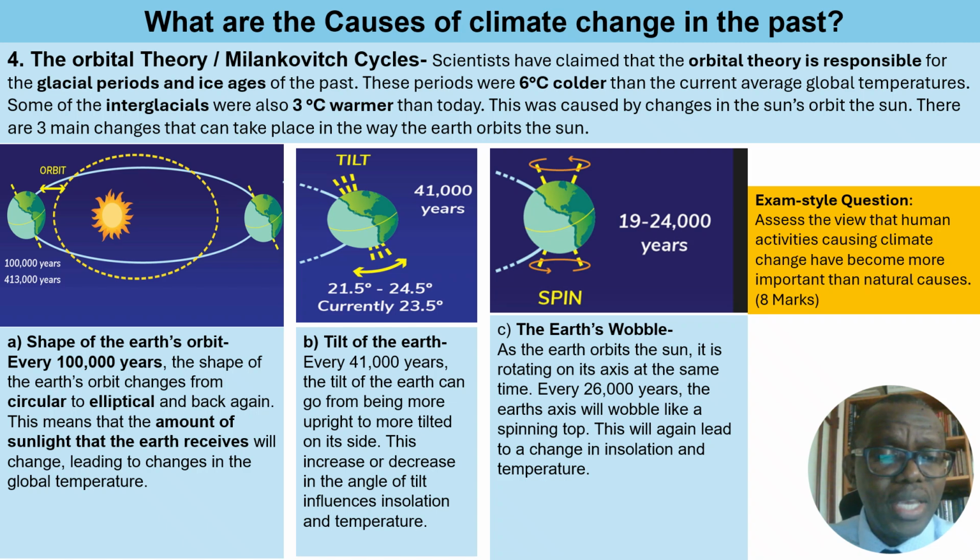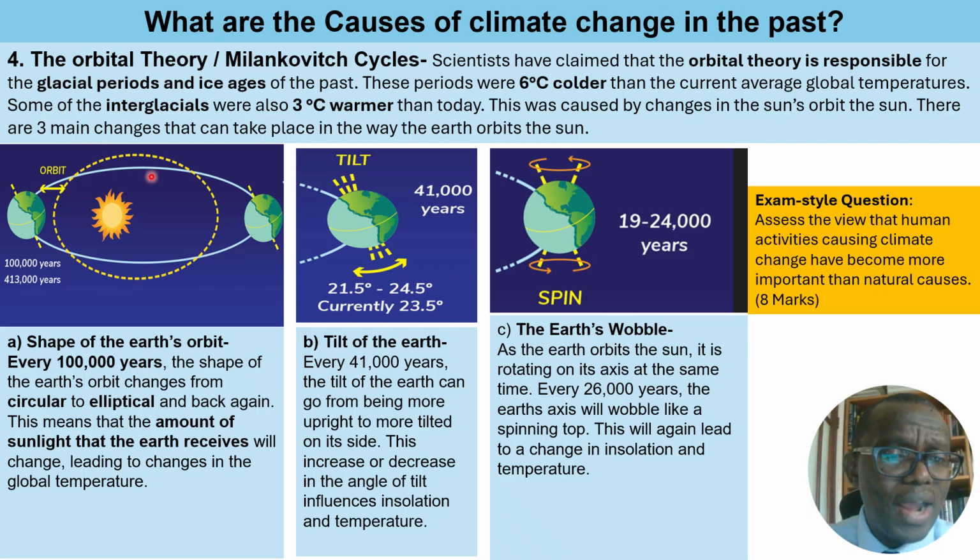Now you can see here that the first one, the dashed line here, is more of a circular orbit. Sorry, the cursor was not there, so you couldn't see that. So that dashed one there is a lot more circular than this one here, which is a lot more oval or elliptical.